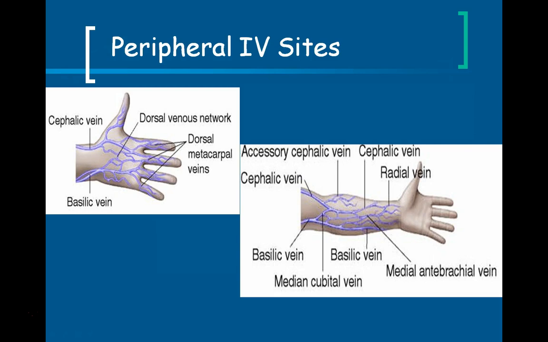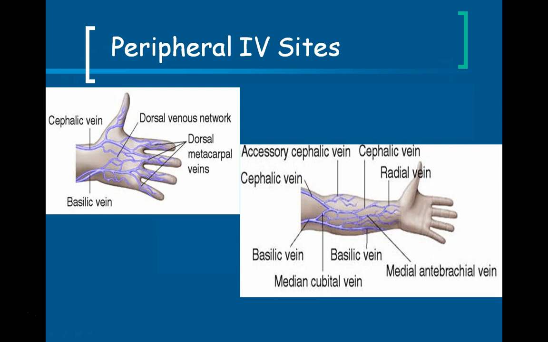We avoid the legs unless absolutely necessary because of the risk of phlebitis. Also, it's common practice to start looking at sites that are most distal in the arms. If there is a complication and we have to remove the IV, we cannot move further down the vein. We can only move further up the vein, more proximal.